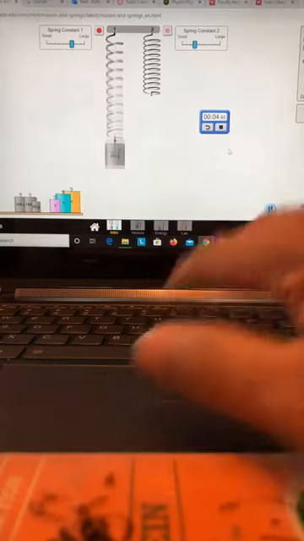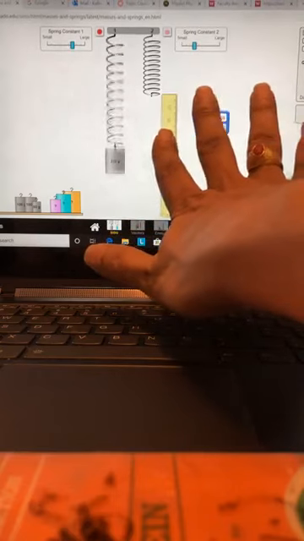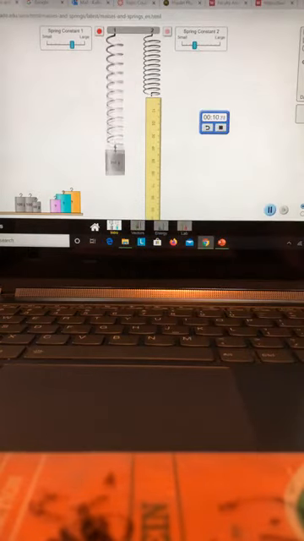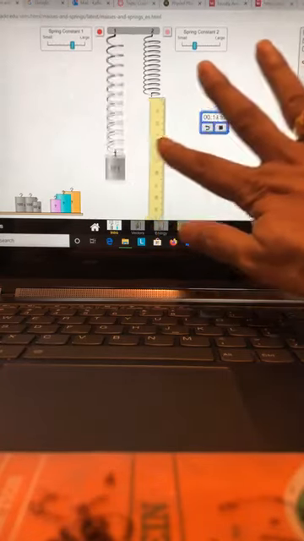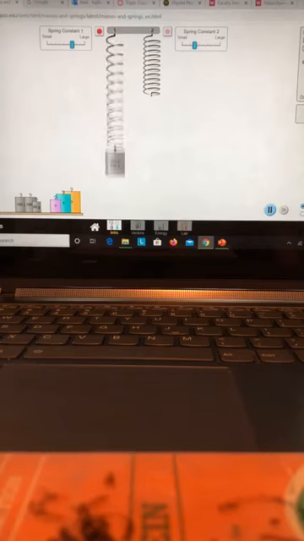And if you like, you can also measure the stretch of the spring by using a ruler, which is given there. So this is a very good source for studying physics if you don't have any physical devices around you.